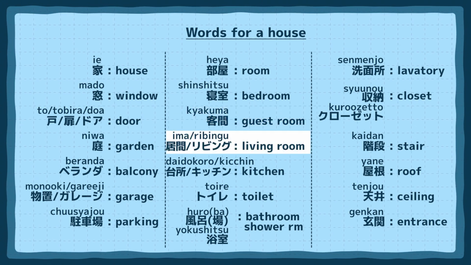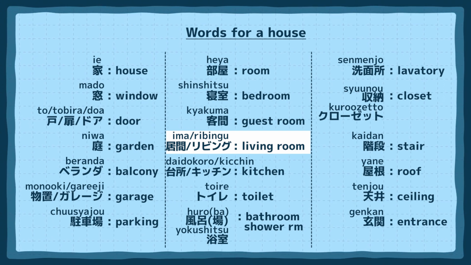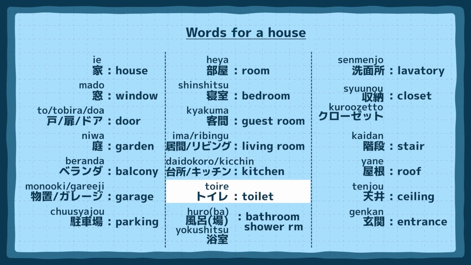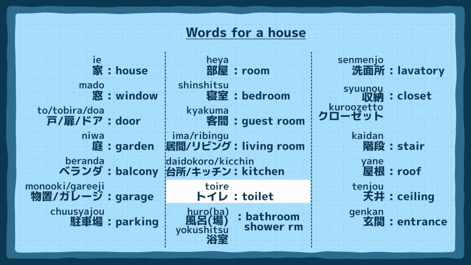Living room, 居間, but we also say リビング. Kitchen, 台所, we also use English kitchen. Toilet, トイレ.